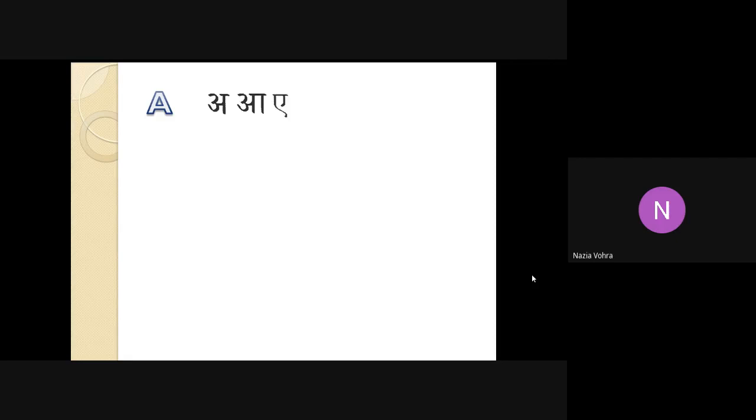The next sound is A. What is it? A, as in ape. Okay, clear? So these are the three sounds of A. But then there are exceptions, so don't get confused.